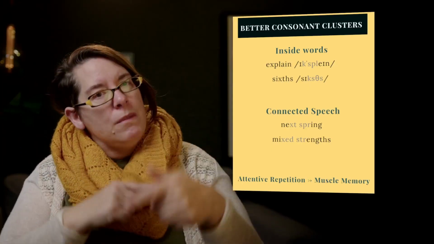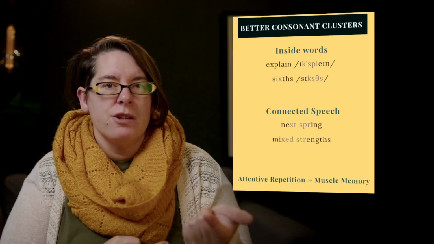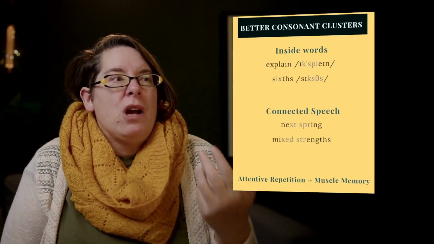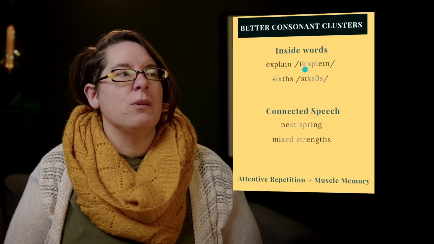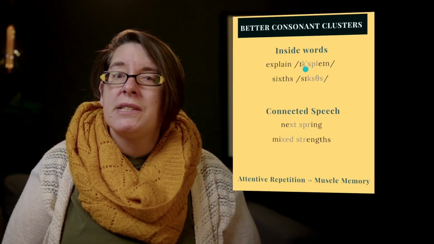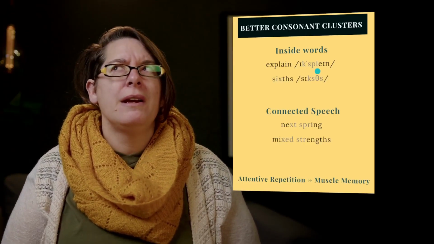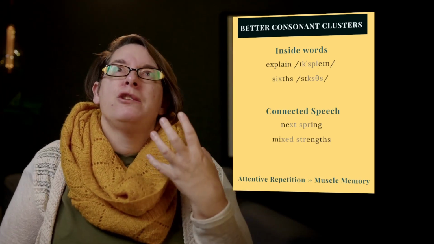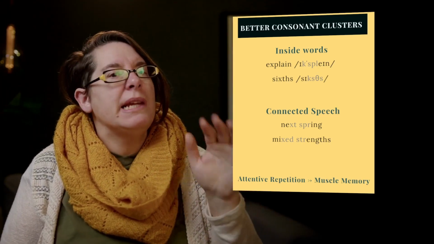So you can get better at consonant clusters. For example, inside a word, you might have multiple consonants that are difficult to pronounce. Look at this: k, s, p, l in one word, explain. That might be difficult, but let's break it down.